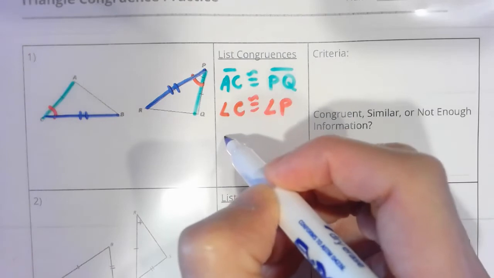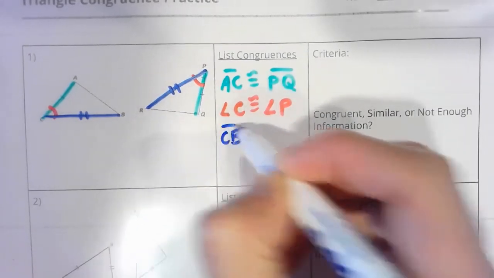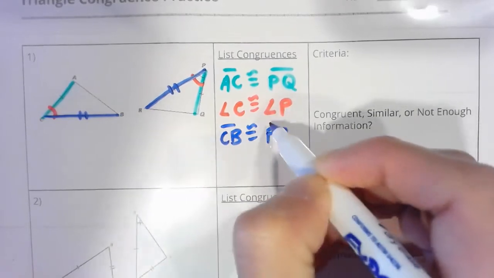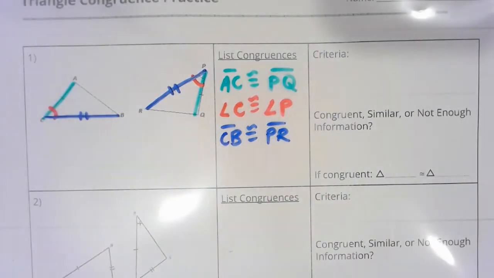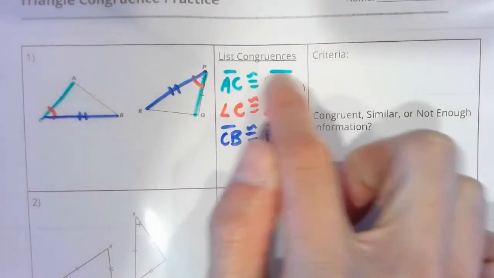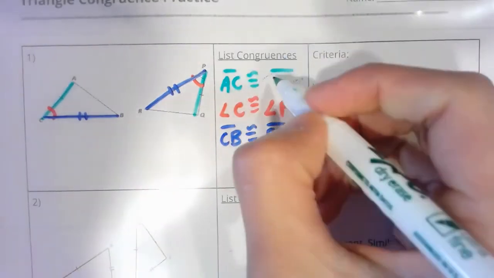So I'll say CB is congruent to PR. Small thing, the best way to write this one here is actually as QP.